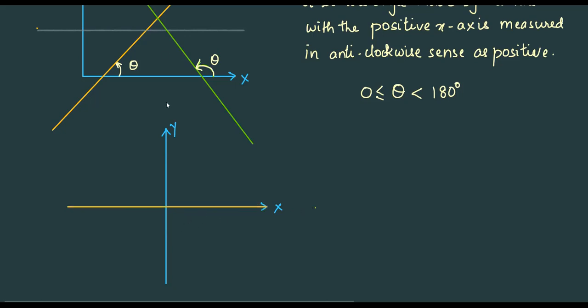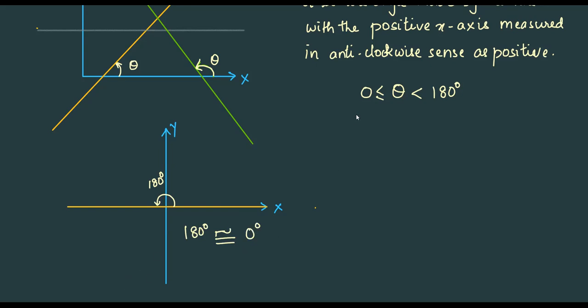Now the inclination with the positive x-axis is either 0 or it can be 180? Because this straight line does not have a specific direction. Either we go this way or this way. It is a straight line, it is not like an arrow. So 180 degrees is equivalent to 0 degrees.